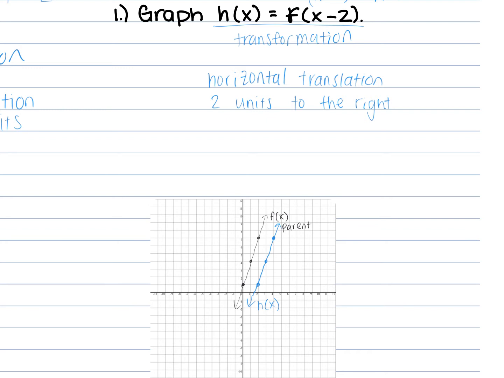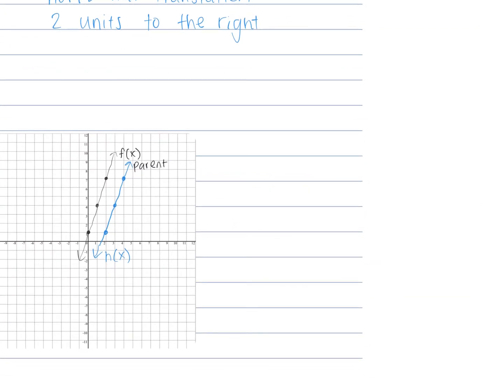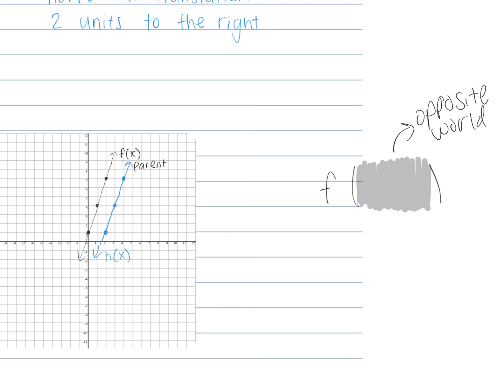Last year, guys, a lot of my students found it very helpful, okay? If you want to write this down, anything inside your parentheses, they called it opposite world. And anything outside the parentheses, so on the left or on the right, they called it the real world.